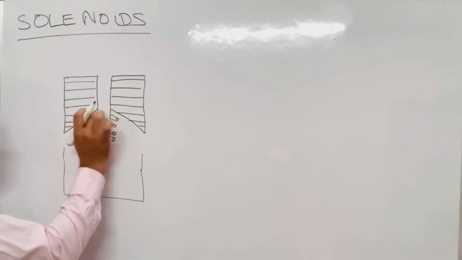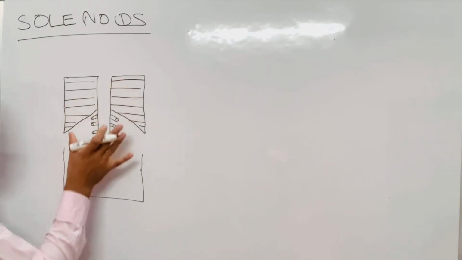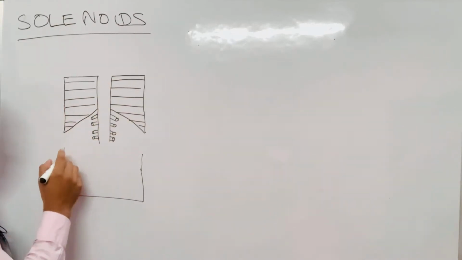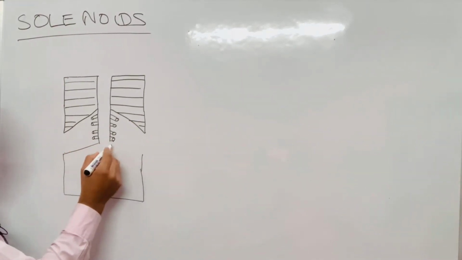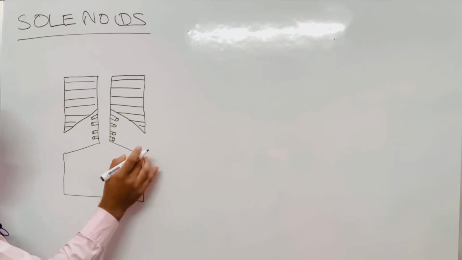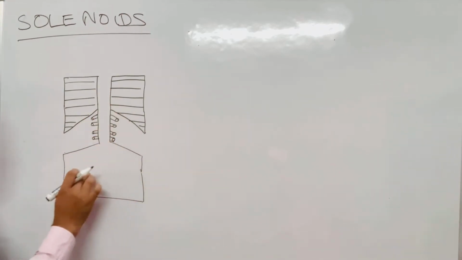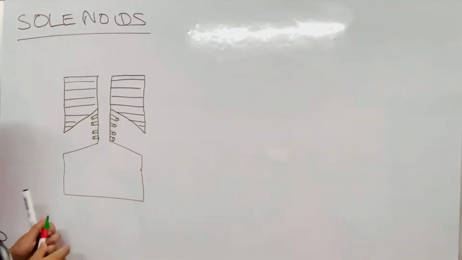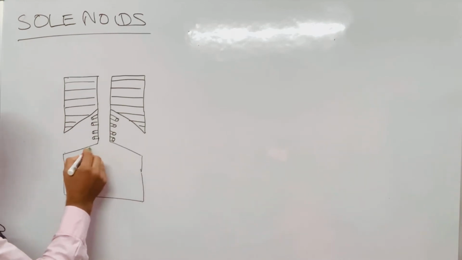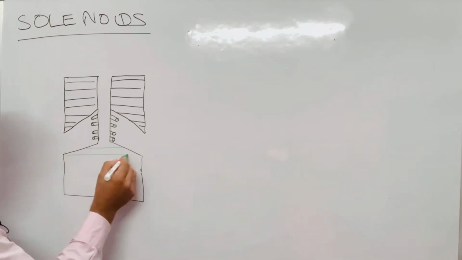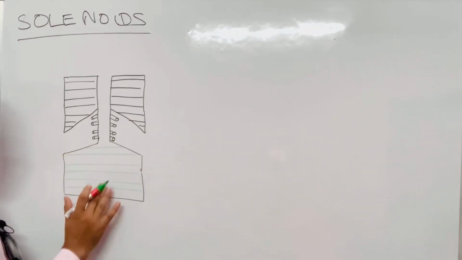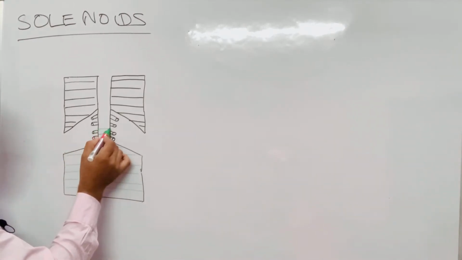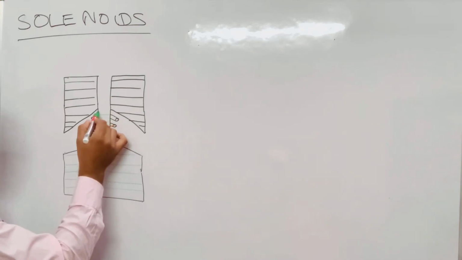So a spring is there in between the fixed core and the movable core. This one is the movable core. Now on this movable core, I'll draw these green lines so that you understand the difference between the fixed core and the movable core.